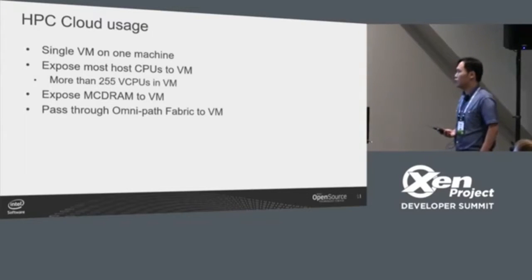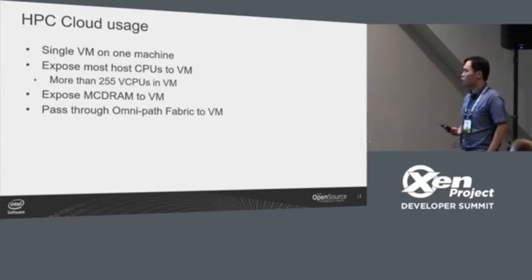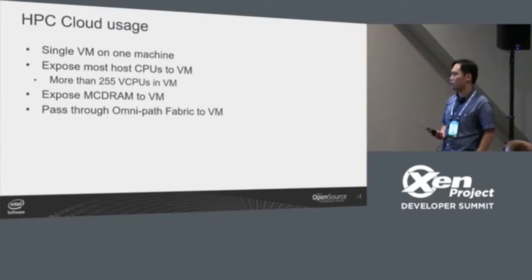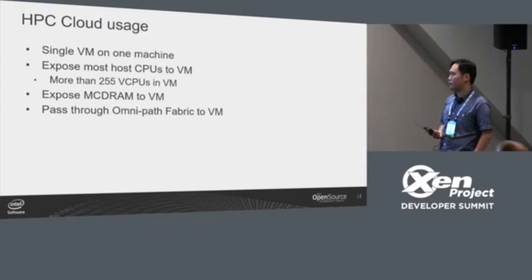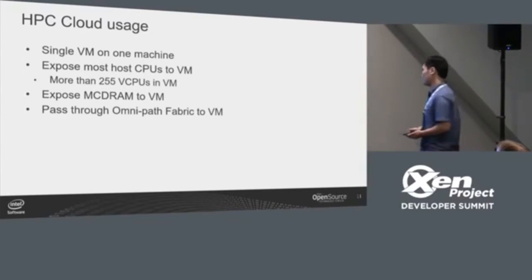We need to expose the MCDRAM to the VM to let the HPC workload access such high bandwidth memory to get better performance. The VM also needs to connect with other computing nodes via a low latency and high throughput connection, so we need to pass through the Omni-Path fabric to the VM.